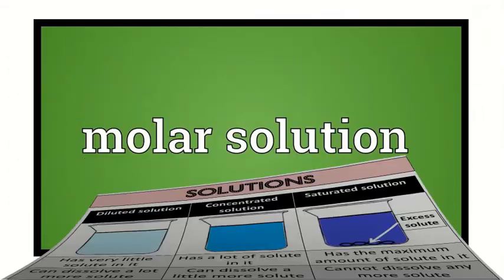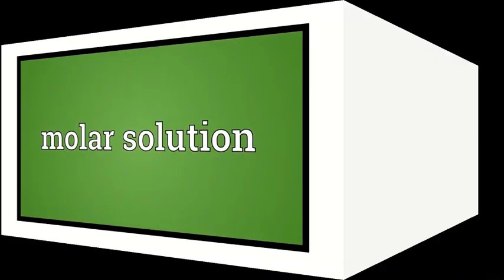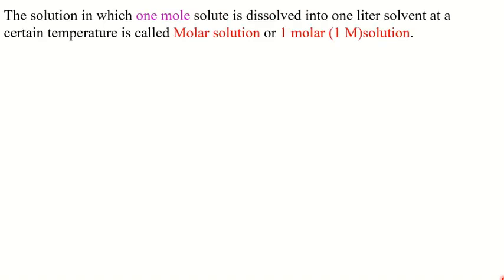Now we will learn about molar solution. Molar solution or molarity is the unit of concentration of a solution. A 1 molar solution has molarity 1, a 2 molar solution has molarity 2, and a semi-molar or 0.5 molar solution has molarity 0.5.